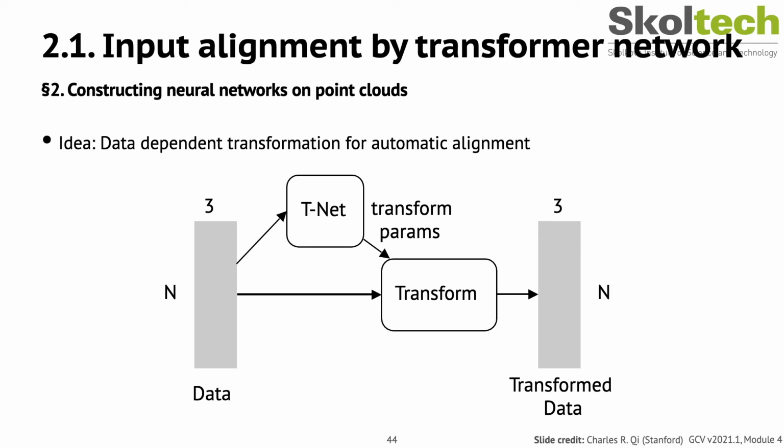A natural solution would be to align all input sets into a particular canonical space before feature extraction. This alignment is achieved by applying an affine transformation to the input point coordinates.